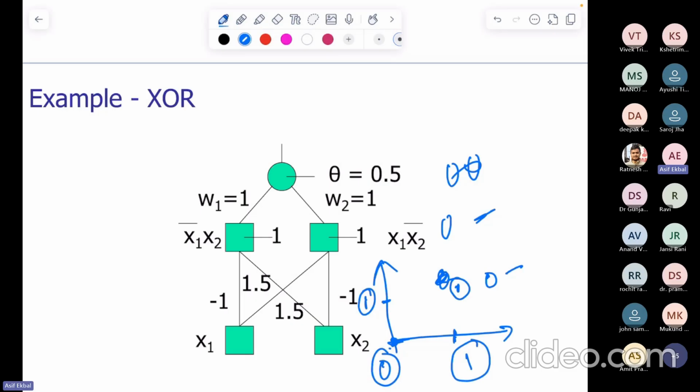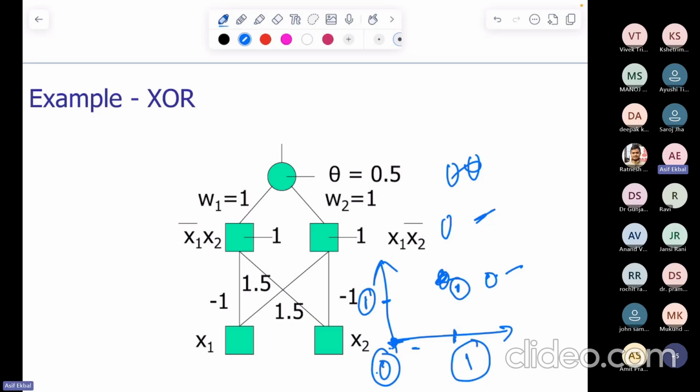Now, can you draw a single line so that these two 0 points are on one side of the line and the two 1 points are on the other side? Are you getting the point?